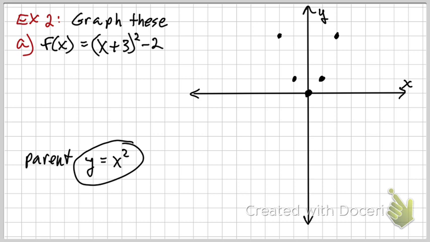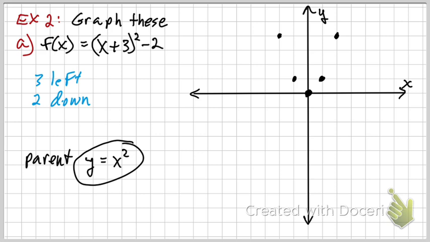Now then, we know from the previous page that we're going what? 3 left and 2 down. That means each point is going to go 3 left and 2 down, which would translate the whole graph if I could draw all the little points.